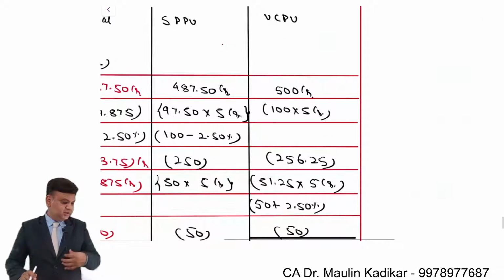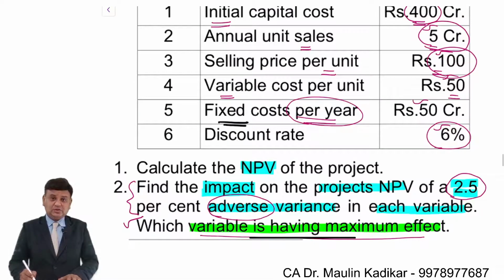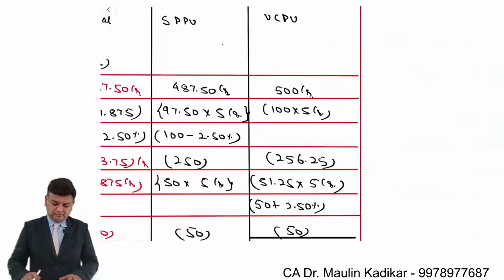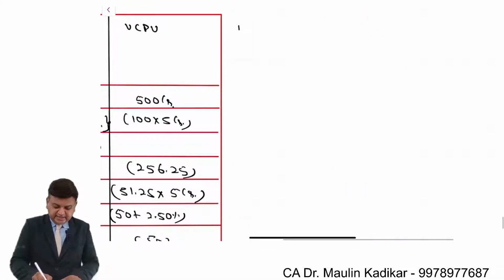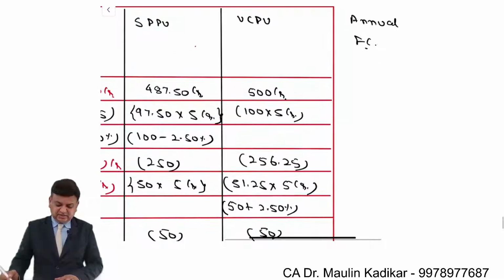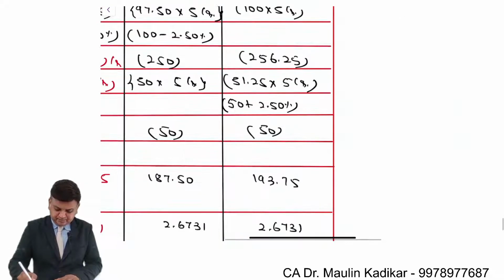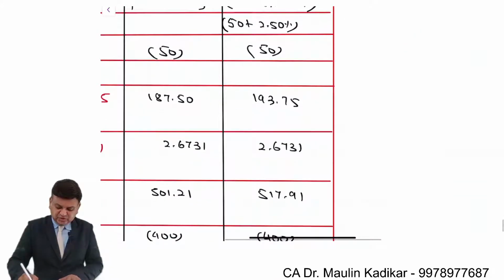After variable cost per unit, it is fixed cost. So annual fixed cost. In that case, we understand that an increase in the fixed cost is a threat that we have. So sales is going to be 500 crore. Variable cost is going to be 250 crore. Then fixed cost will be 50 crore plus 2.5 percentage.